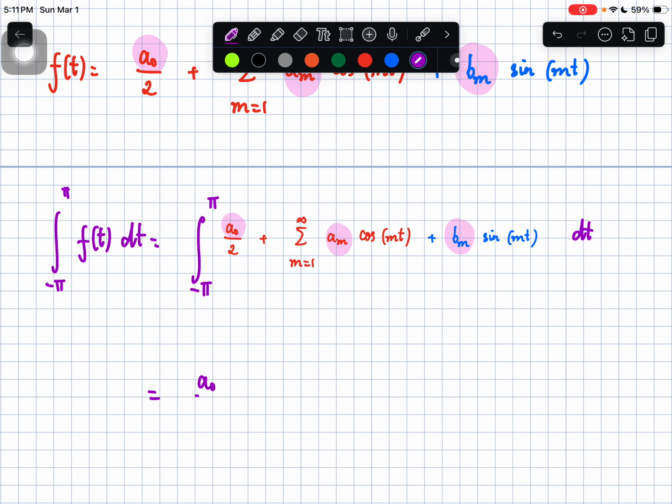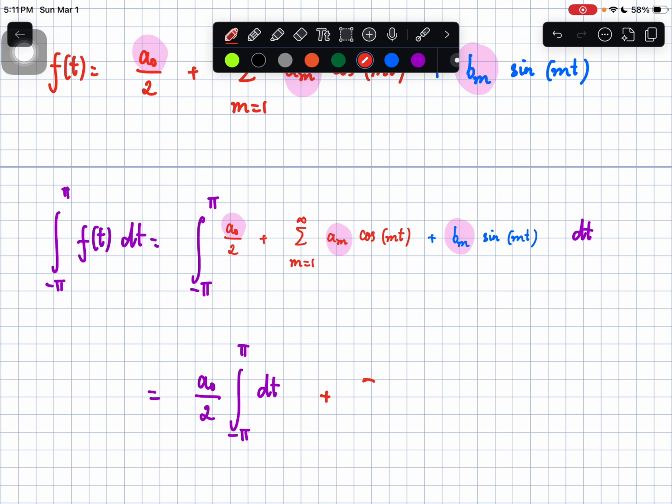a0 over 2, just a number, take it out, integral from minus pi to pi dt. That is our first term right here. For the second terms, the sum, I take it out, m from 1 to infinity, am times the integral from minus pi to pi of cosine mt dt.